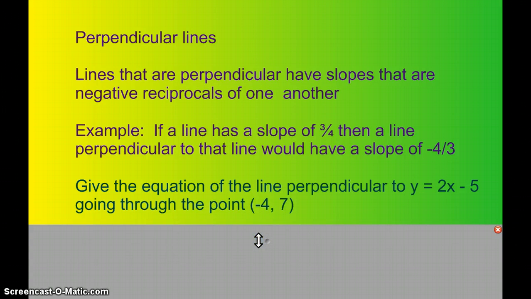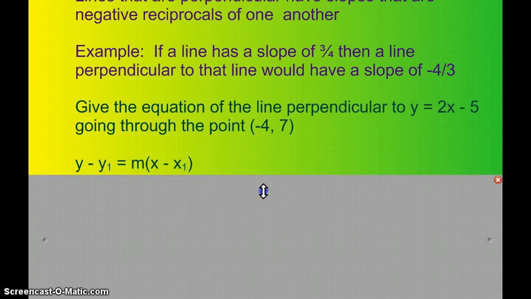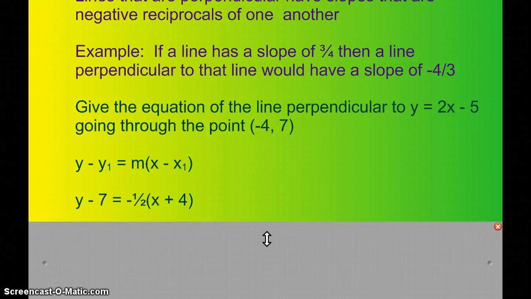So if we look at our example, give the equation of the line perpendicular to y equals 2x minus 5 going through the point negative 4, 7. Again, we've got a point and we can find our slope, so therefore we're going to use the point slope formula. We plug in y minus 7 equals, and then we see our negative 1/2 for our slope. If it's a whole number for a slope like 2, we assume that is 2/1.